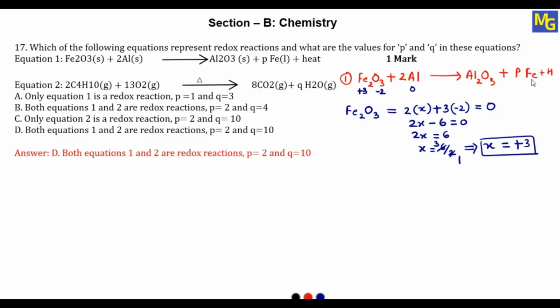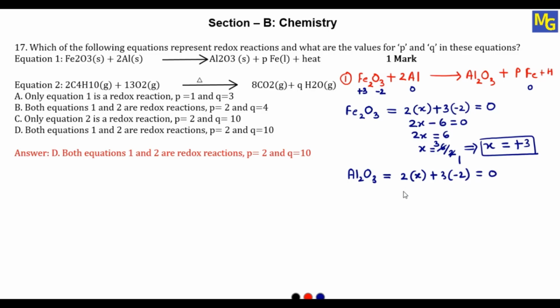On the product side, here we have Fe, again it is pure, so here the oxidation state is 0. For Al2O3 we have to find out the oxidation state of aluminium. So for that I will write it here, Al2O3, and we have to use the same process. I don't know the oxidation state of aluminium, but I know how many aluminium atoms there are, 2, so therefore 2. Because I don't know the oxidation state, I'll take x, plus 3 oxygen at minus 2, is equal to overall 0.